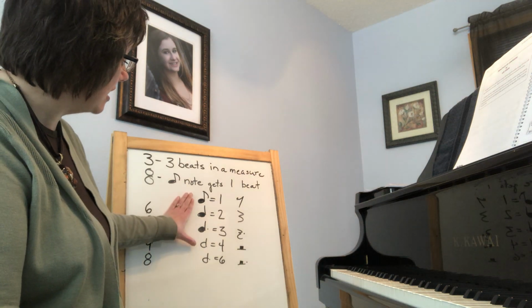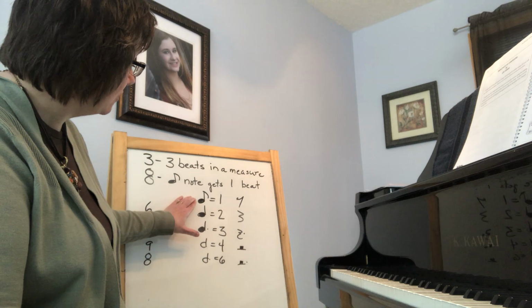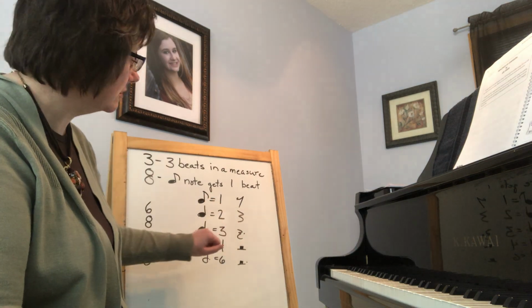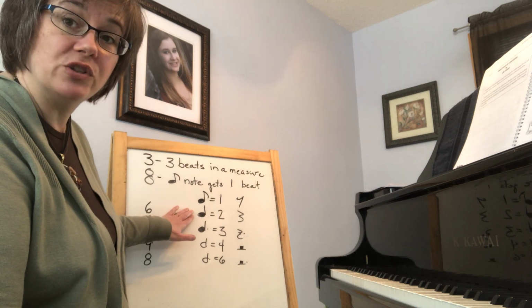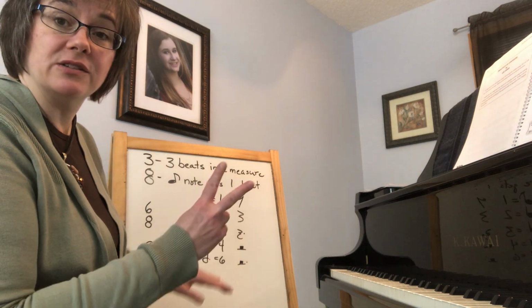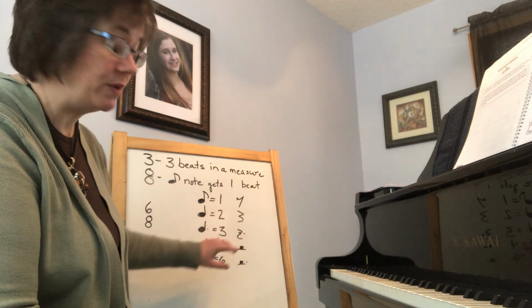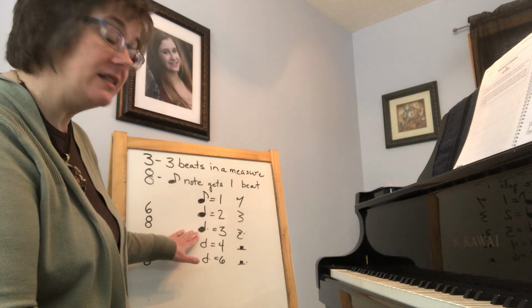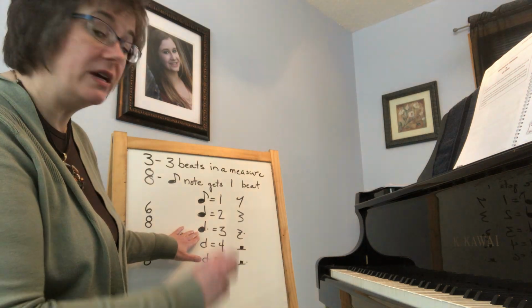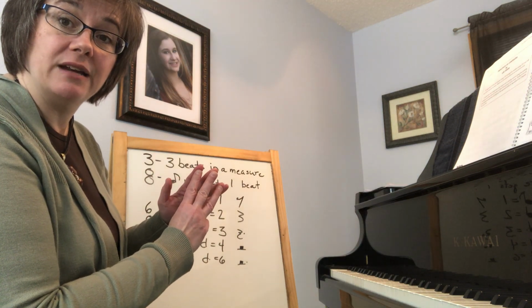So if I were to draw a chart of what my rhythm would look like, an 8th note is now worth 1 beat. That would go for an 8th rest as well. A quarter note, which has 2 8th notes in it, would be worth 2 beats now, since those are each worth 1. And again, my quarter rest worth 2 beats as well. If I put a dot beside that quarter, like we learned last week, that makes 3 8th notes in there, 2 in the quarter note. That third one is being added by the dot.